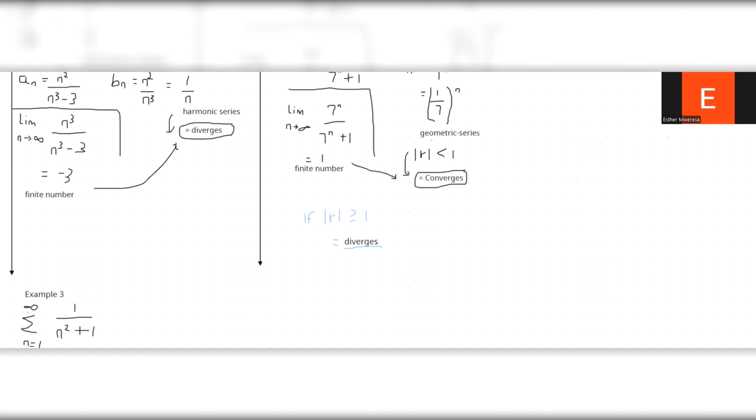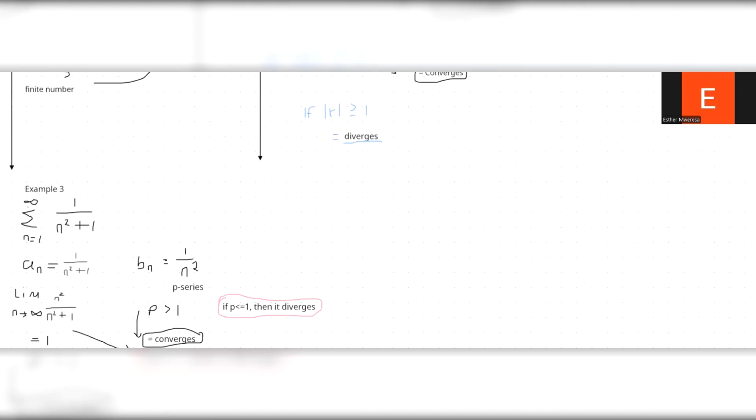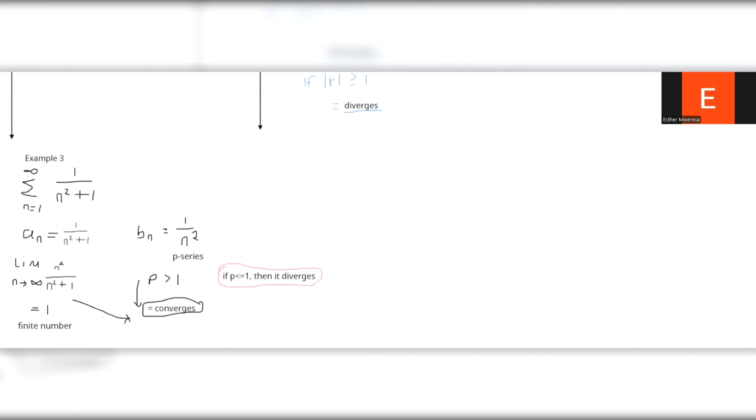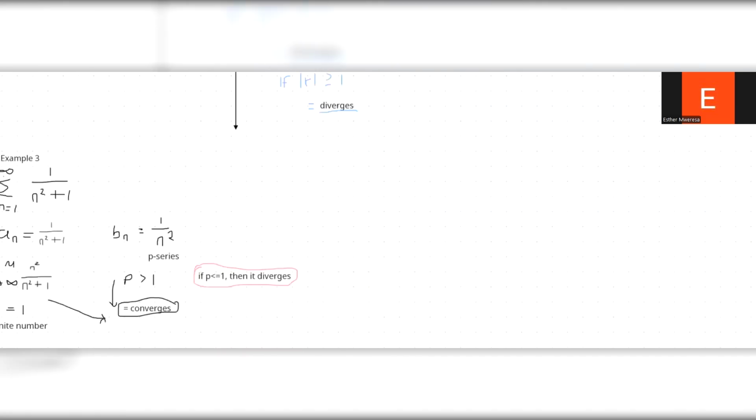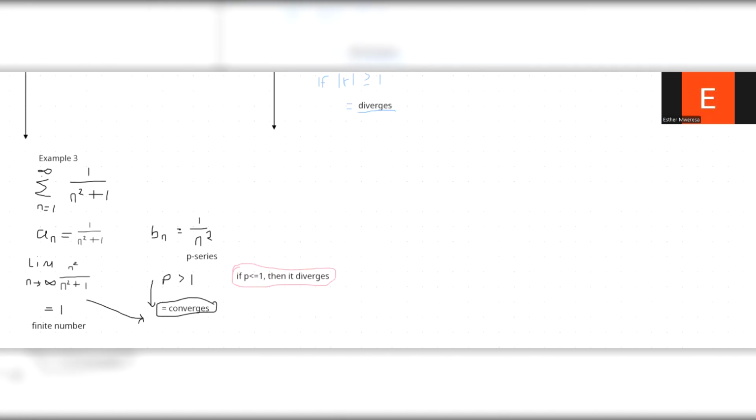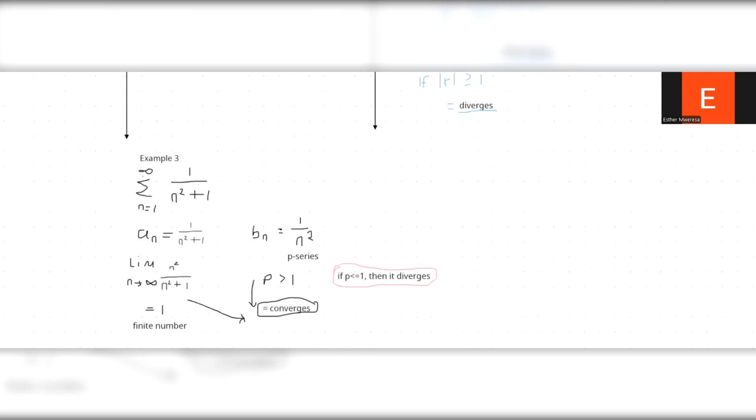Then we have one with a p-series. Example 3. The series 1 over n squared plus 1. As n approaches infinity, the 1 in the denominator becomes insignificant.